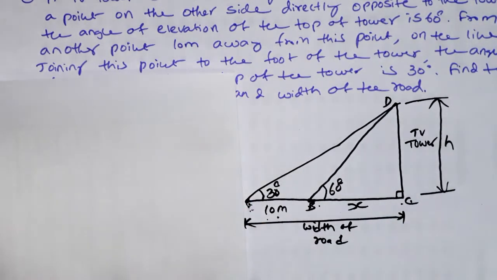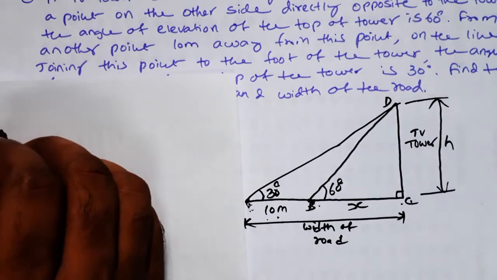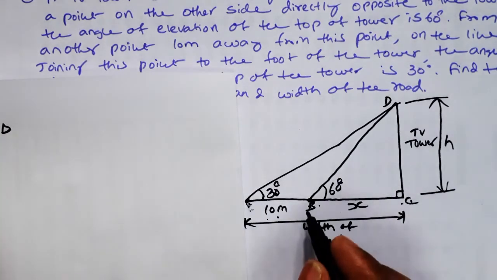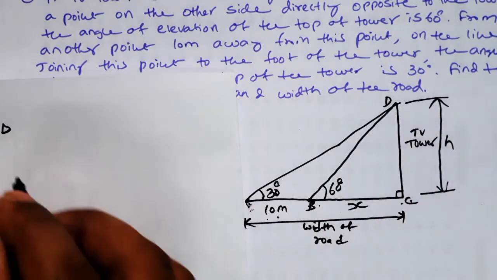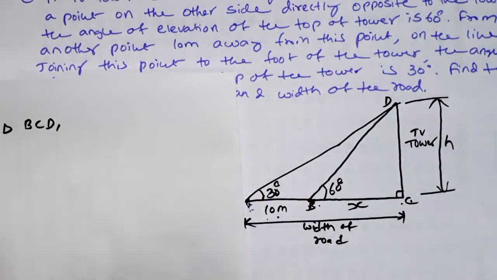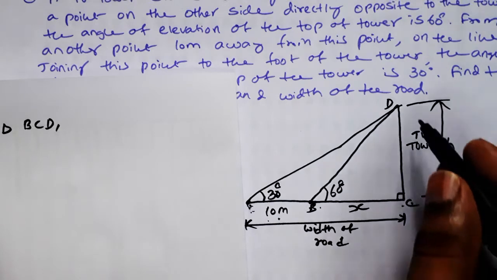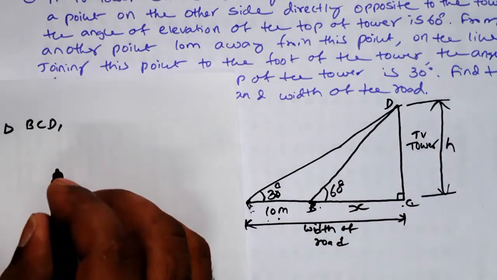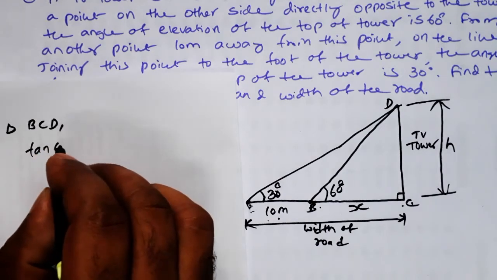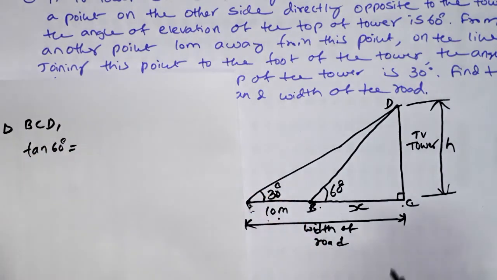So the second triangle, what will we get? The second triangle we have to take is triangle BCD. So the second triangle I am taking is triangle BCD. If I take triangle BCD, what can we apply? We can apply tan 60.